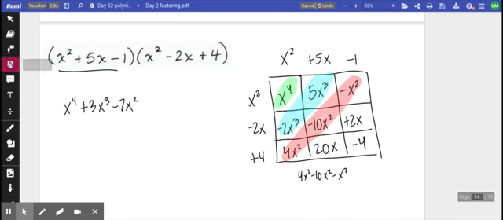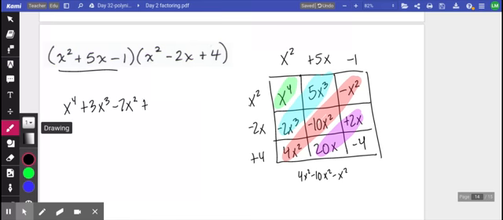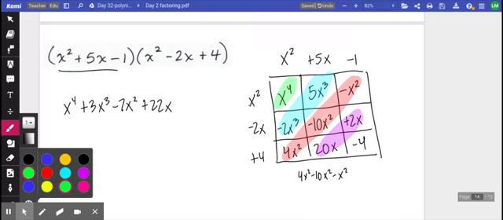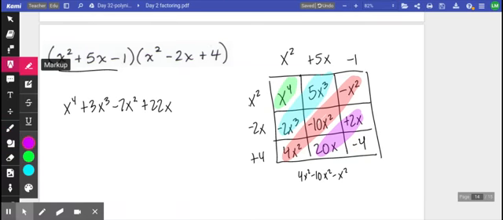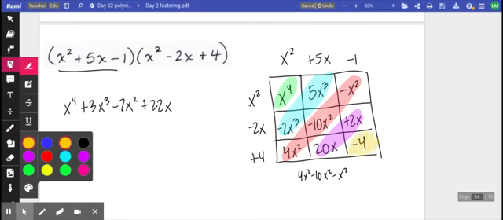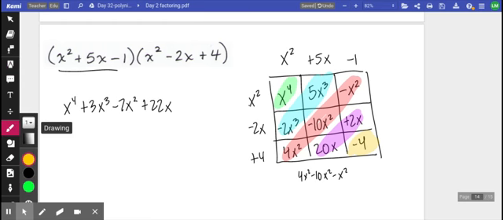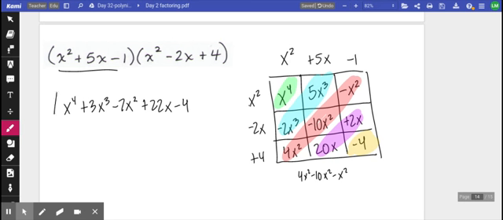And then all my x's are right here, 20 plus 2, so I'm left with plus 22 x's. And then all by itself is my last term, minus 4, my constant, okay?